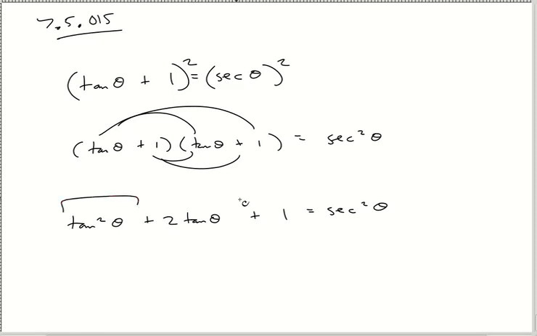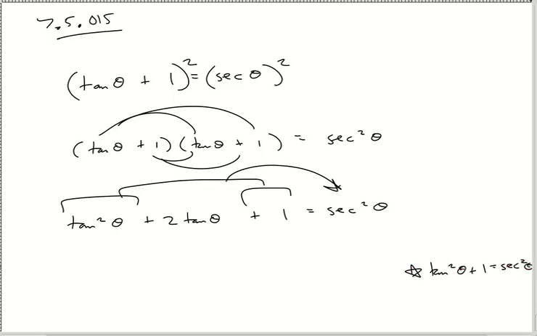Now, this part and this part together look very similar to one of the Pythagorean identities. As far as I remember, there's a lot of different formulas. I should probably go back and verify that this is one of those formulas: tangent squared theta plus 1 equals secant squared.